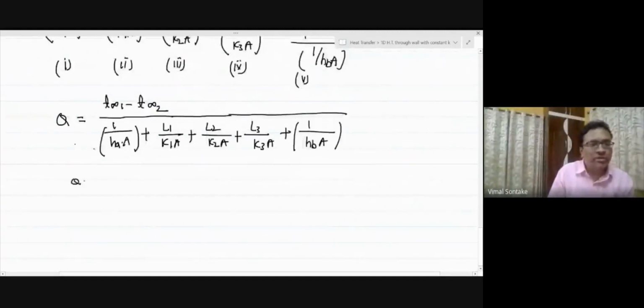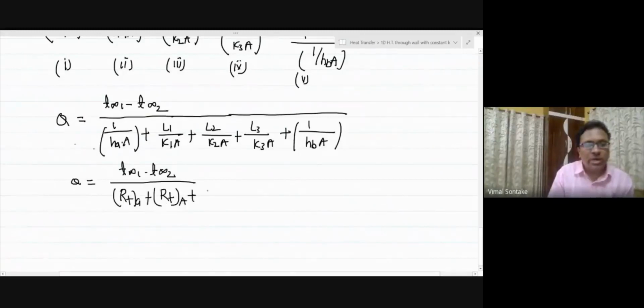This can be further simplified by T infinity 1 minus T infinity 2 over R_T suffix a plus R_T suffix capital A plus R_T suffix capital B plus R_T suffix capital C plus R_T suffix b.